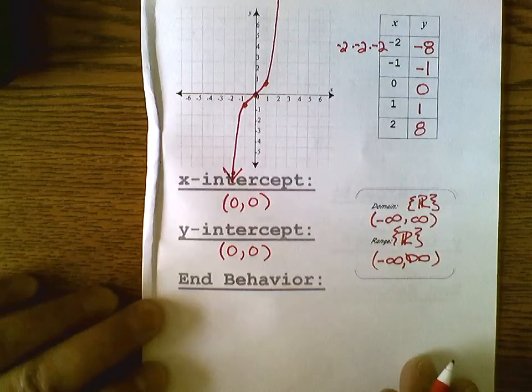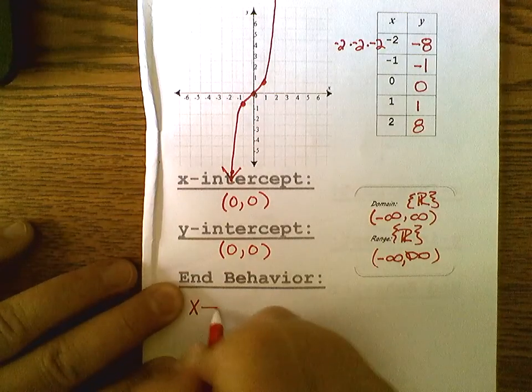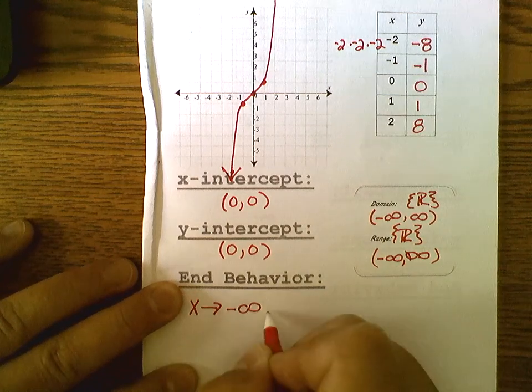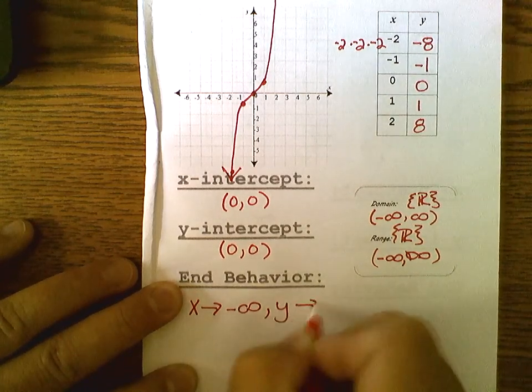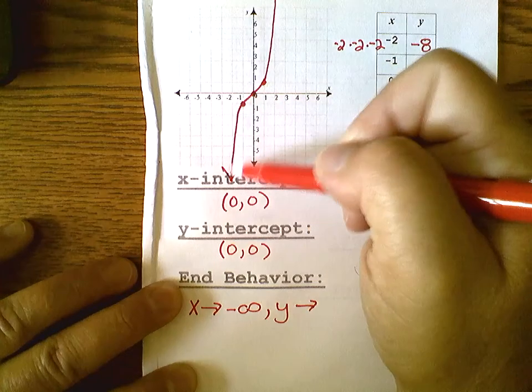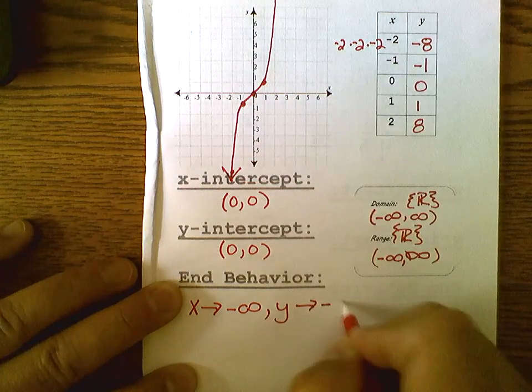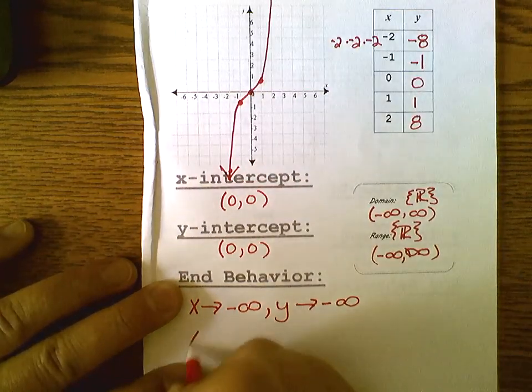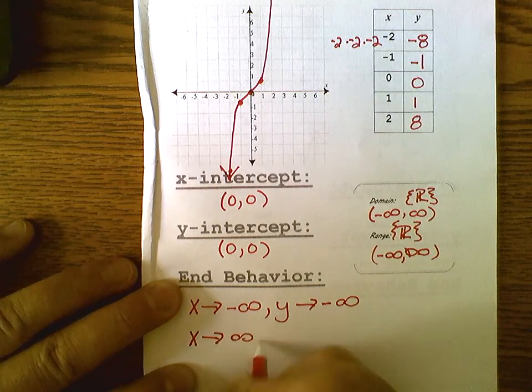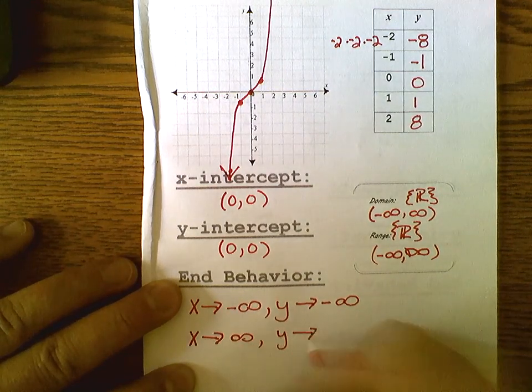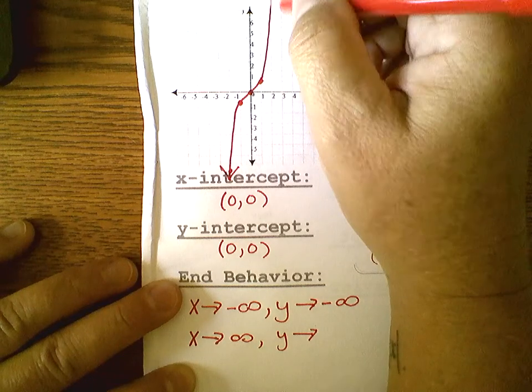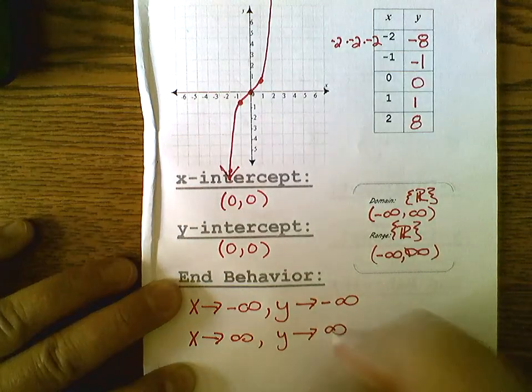And then the end behavior. So as x goes in the negative direction, well, y is going in the negative direction also. As x goes in the positive direction, y is going in the positive direction also.